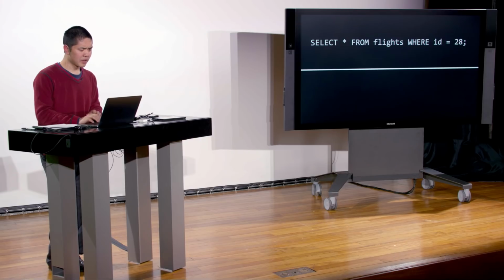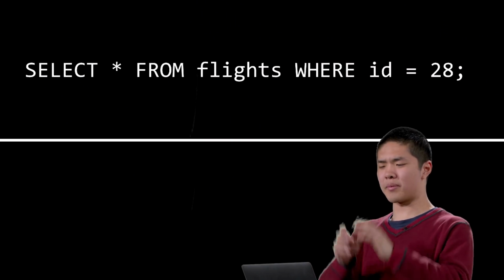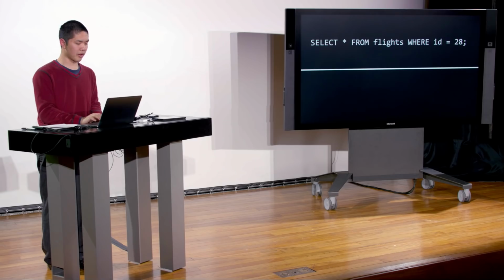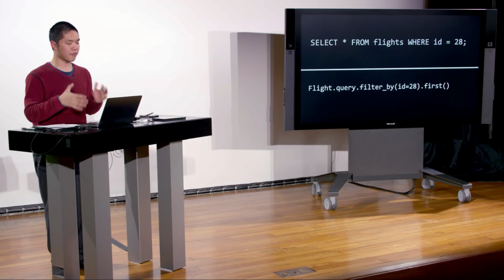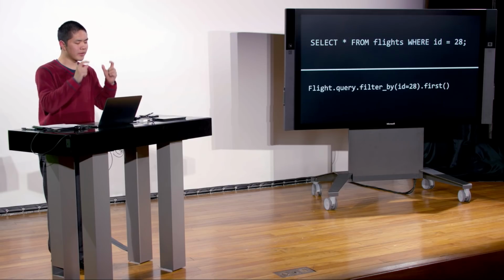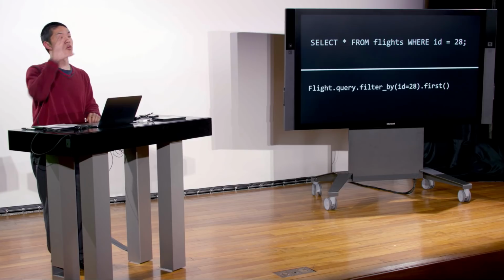Other things we can do, select star from flights where ID equals 28. This is a common paradigm where we want to select something by its individual ID. We've already seen a way that we can do this. We can use flight.query.filter_by ID equals 28 .first to mean query my flights table, filter it so that I'm only getting the things whose ID is 28, and get me the first thing. But this paradigm is so common in SQLAlchemy.